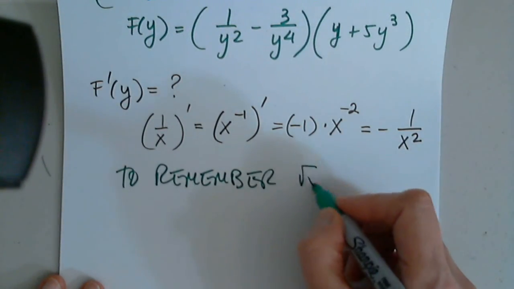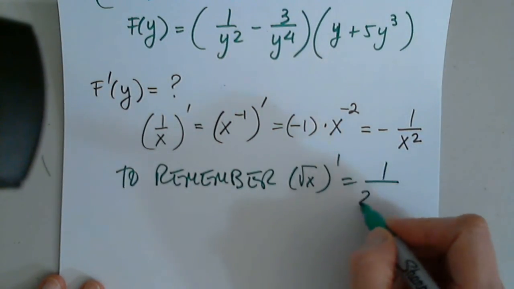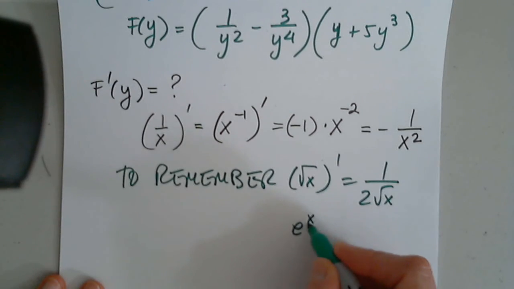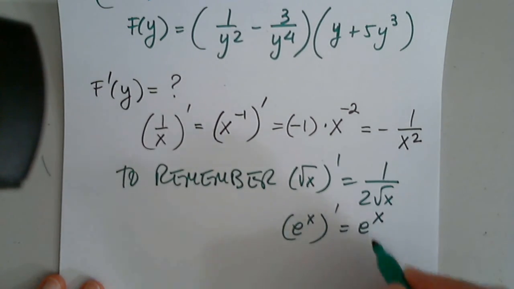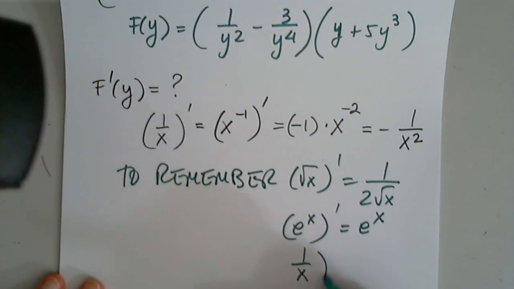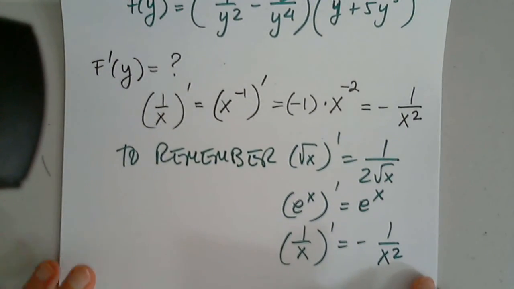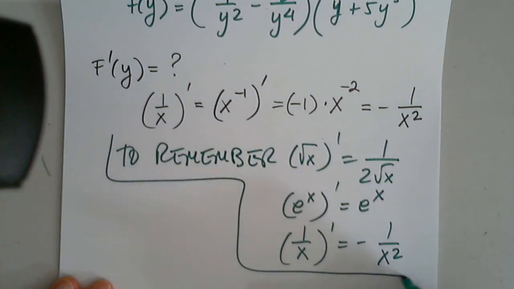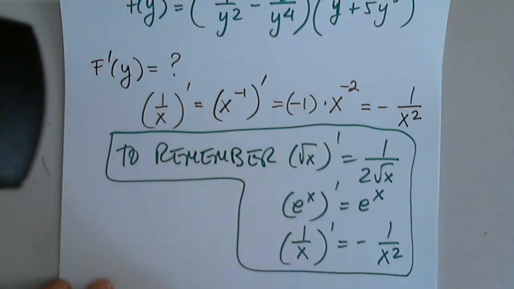The square root of x prime is 1 over 2 the square root of x. E to the x prime is e to the x. And 1 over x prime is -1 over x squared. These have to be carved in stone, please.